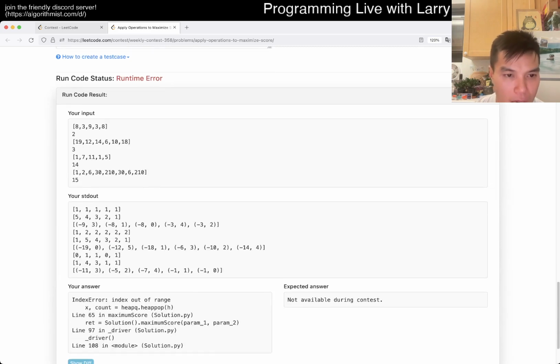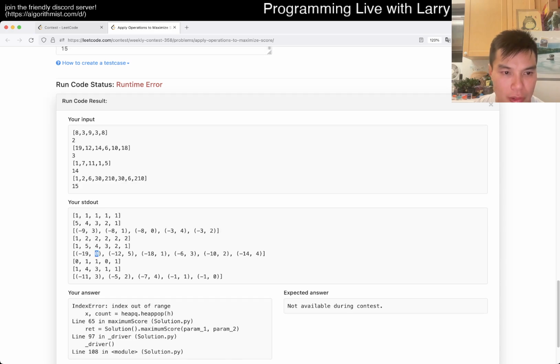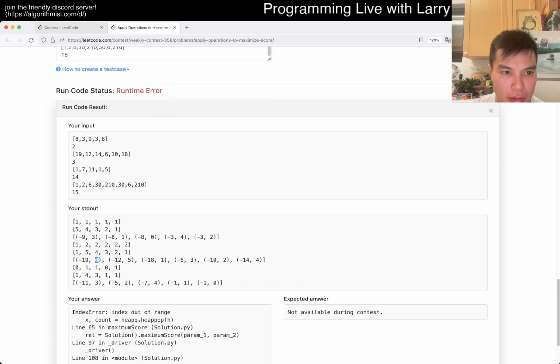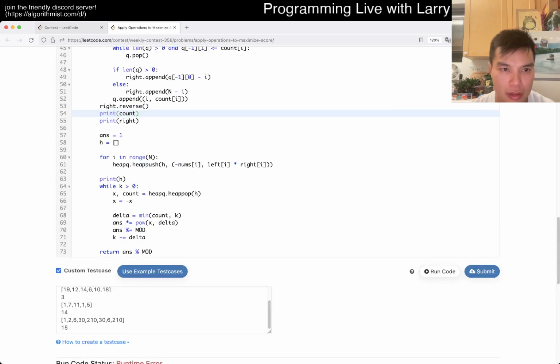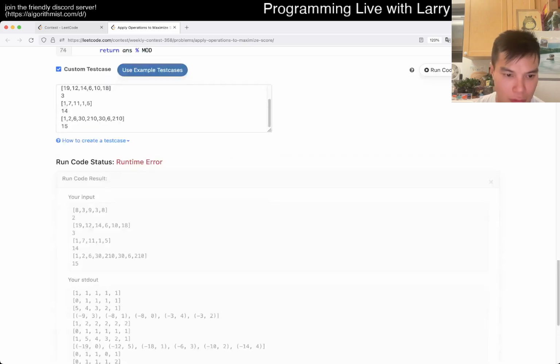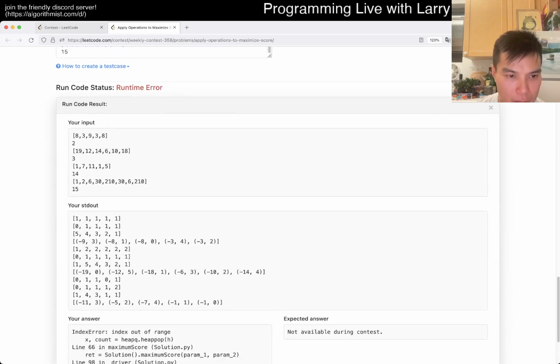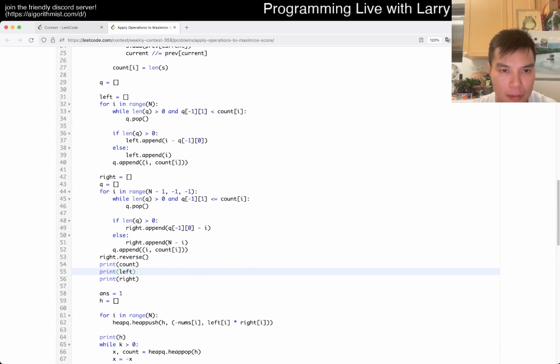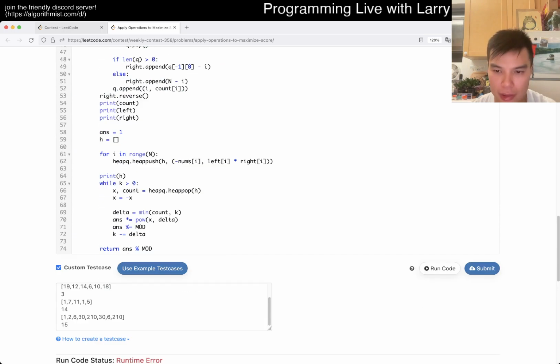Tell me why. Why is this 0? Left is, that may be why. This is off by 1 maybe? Yeah, this is off by 1. Oh, this is I plus 1. Yes, okay, that's why.